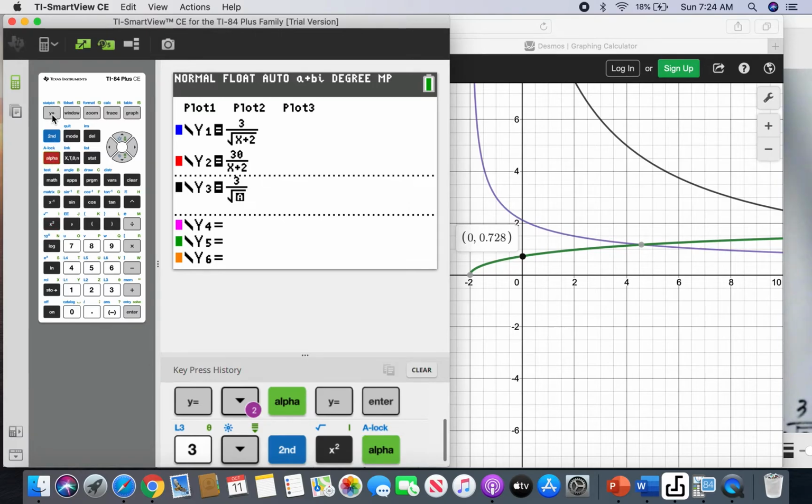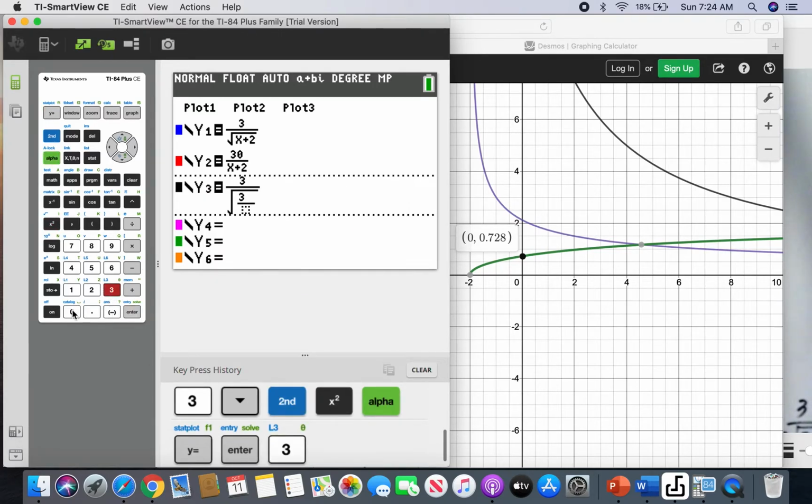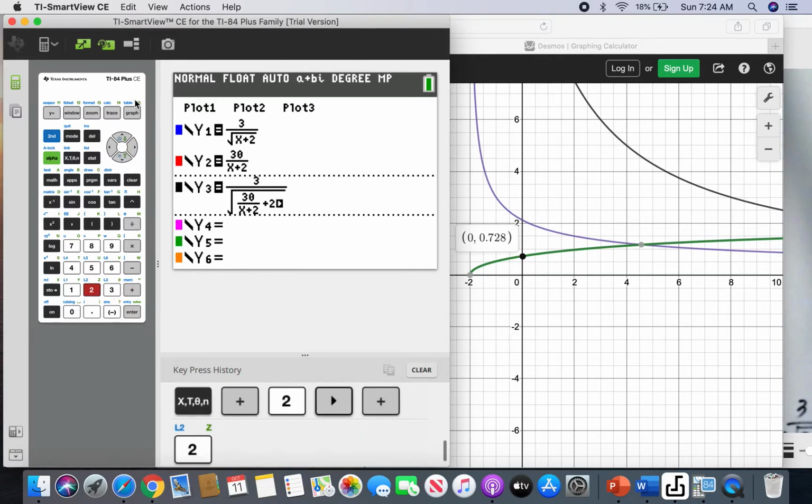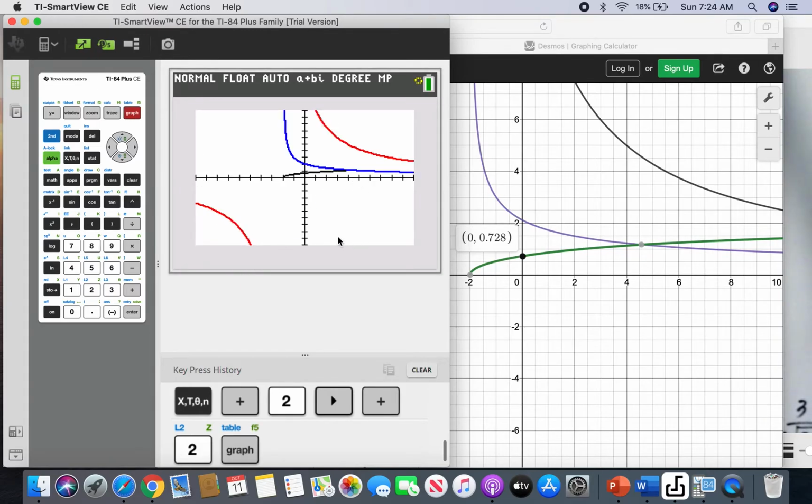You go again with alpha y equals, and then enter, put 30 over x plus 2. And then go out, and then add 2. And the graph will show the same thing as what we can see in our Desmos graphing calculator.